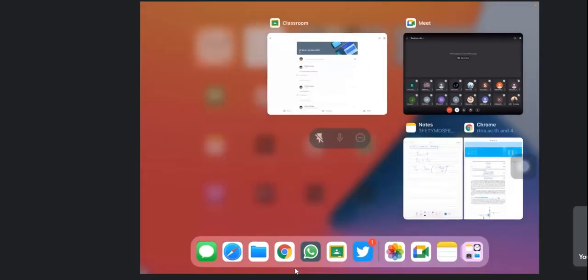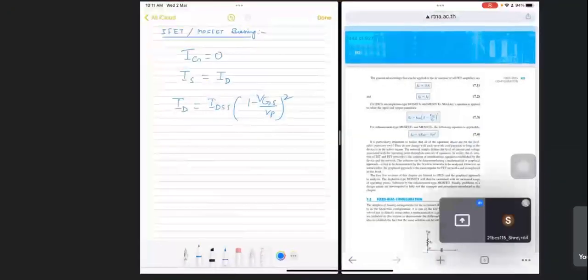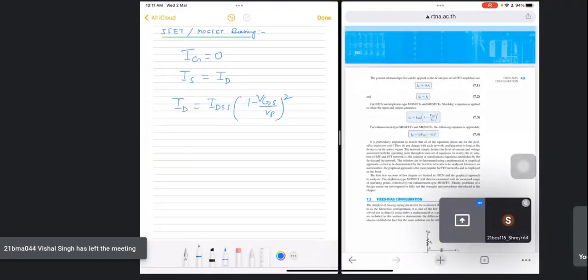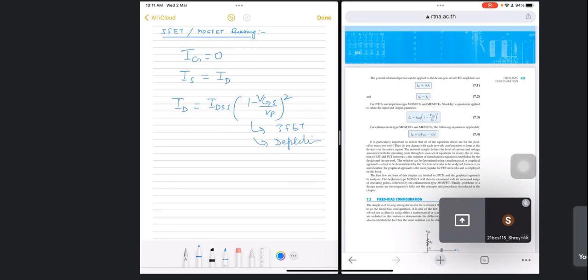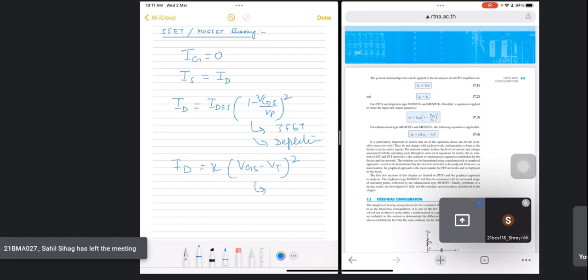This equation is valid for JFET and depletion type MOSFET. And ID is equal to K times (VGS minus VT) whole square for enhancement type MOSFET.